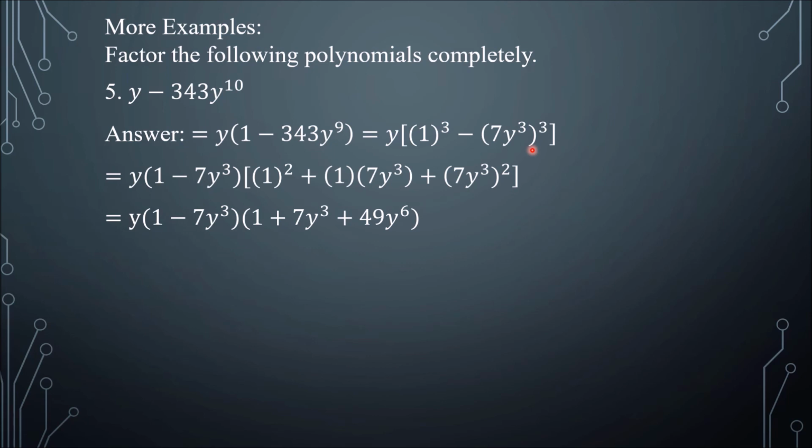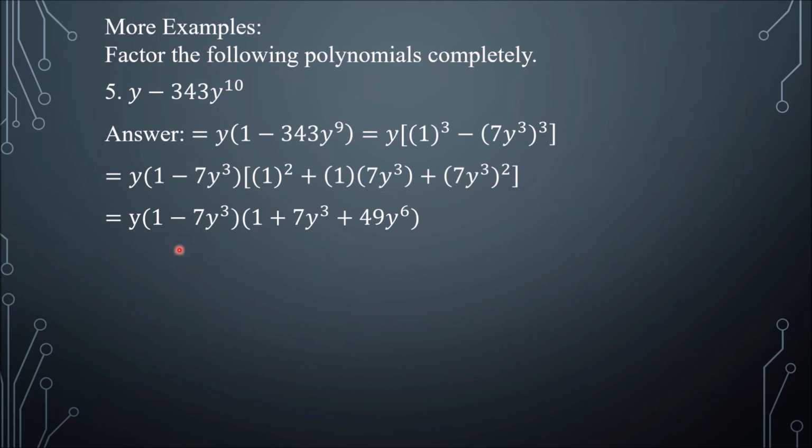Now, next we need to follow general form number 2. So y times 1 minus 7y cube, that's a minus b, a squared, 1 squared, plus a times b, 1 times 7y cube, plus 7y cube squared, that's b squared, because our b is 7y cube.